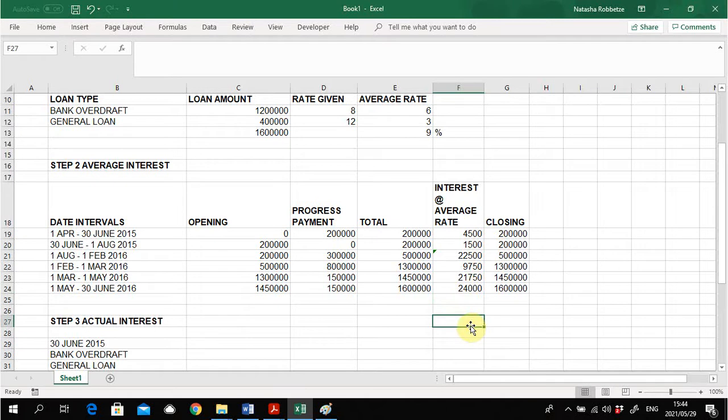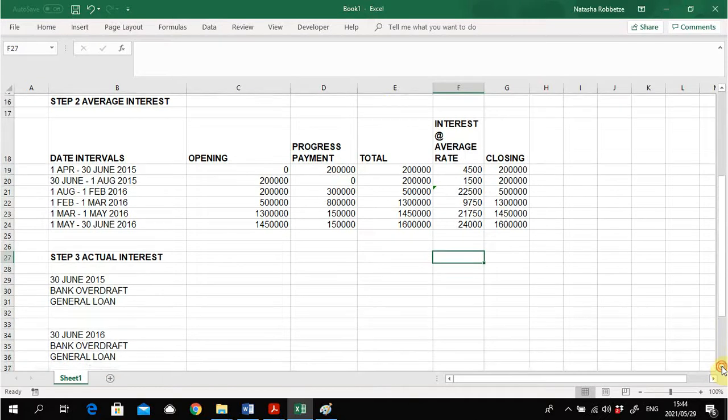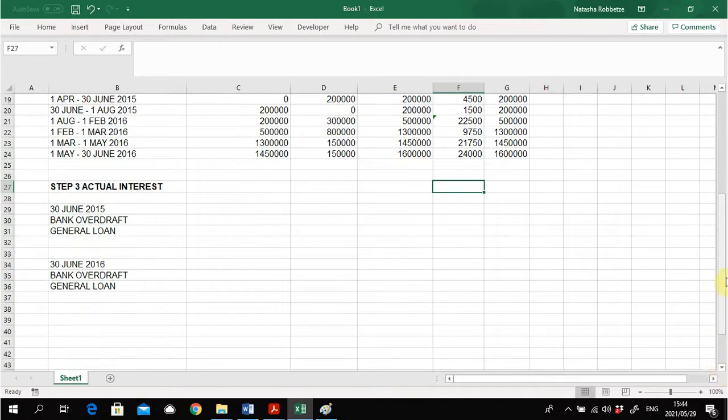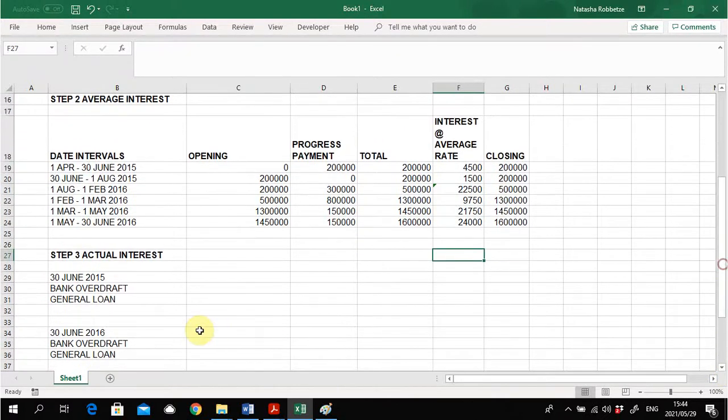And there I have completed the calculations as they are now required for my step 2. Right, for step 3, we need to go and calculate our actual interest. So for actual interest, I'm going to say that I have a bank overdraft and a general loan, and I now need to apply the actual interest rates and the months for which these loans existed in 2015.